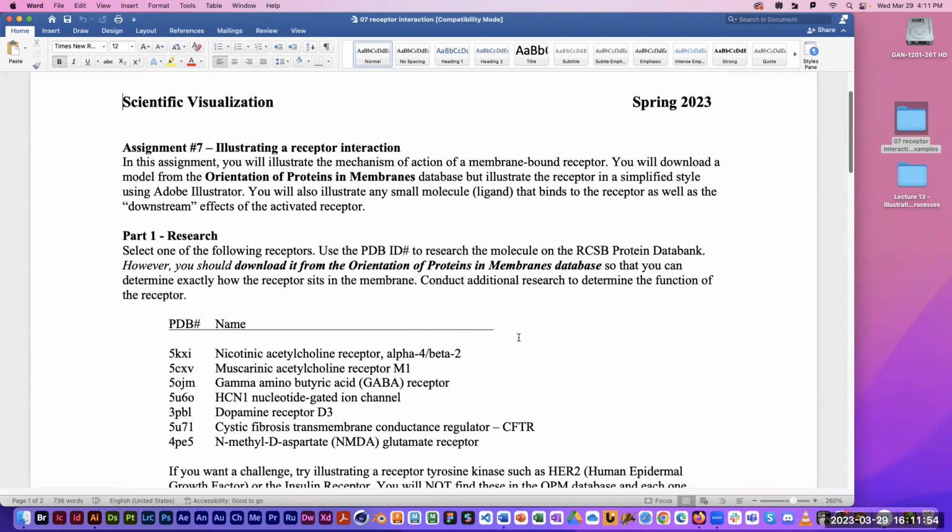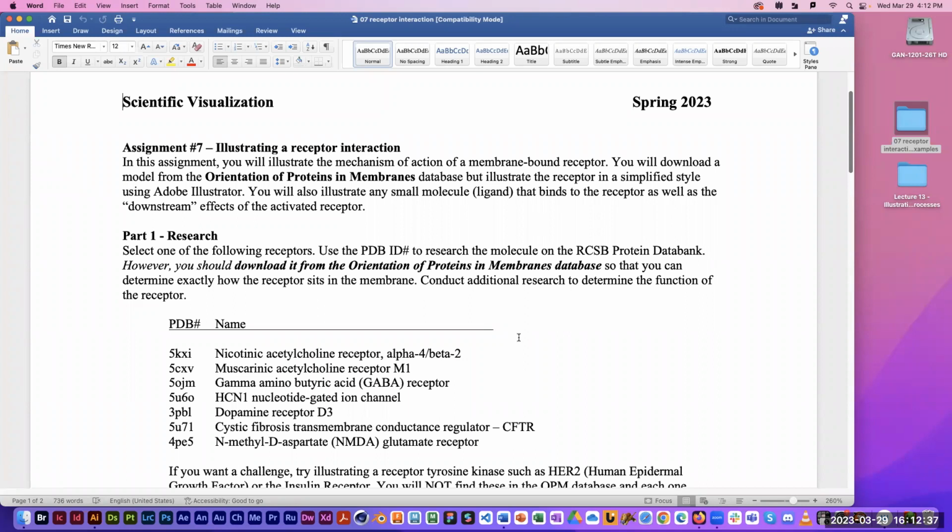I want you to illustrate the ligand, show the ligand binding to the receptor in the appropriate place. I can't remember. At least one of these is a G protein coupled receptor, so it wouldn't actually behave as a channel, but you'd want to show the G protein inside, and then I want you to actually illustrate a little bit more, just to create an illustration that kind of talks about what's going to happen as a result of the binding of the ligand to this particular receptor.